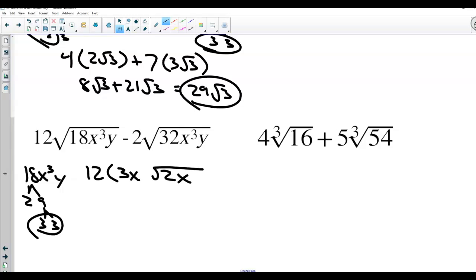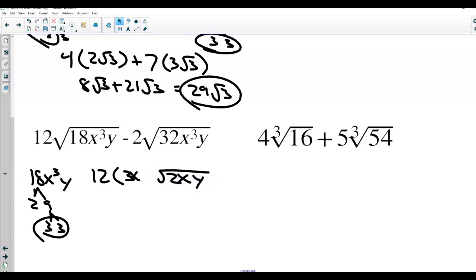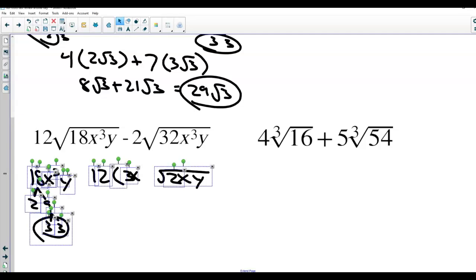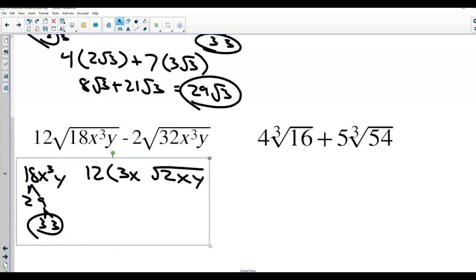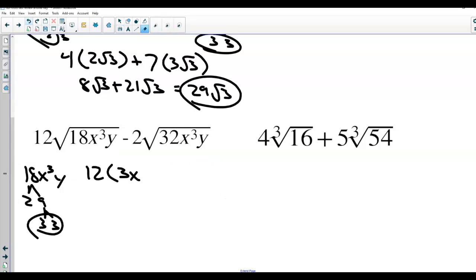X, x. The y to the 1 is less than the index, so we just leave it. I'm going to move this root 2x a little closer. Root 2xy. A little bit closer. There we go.